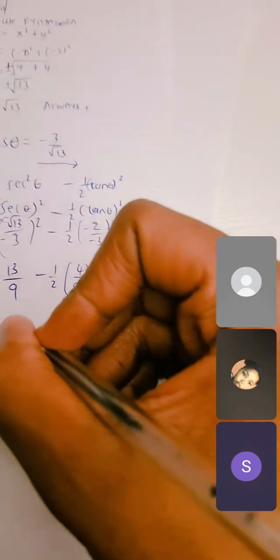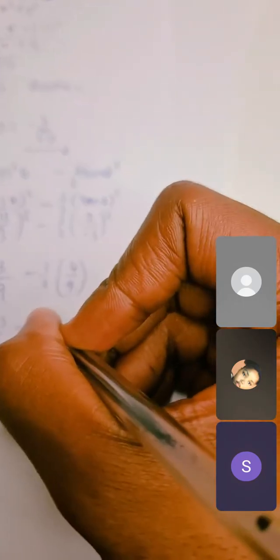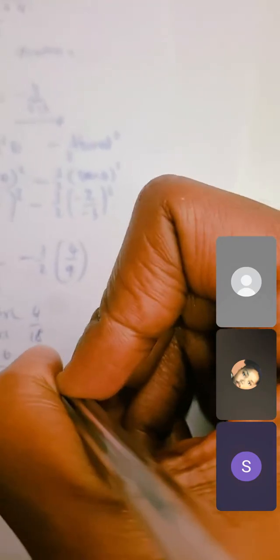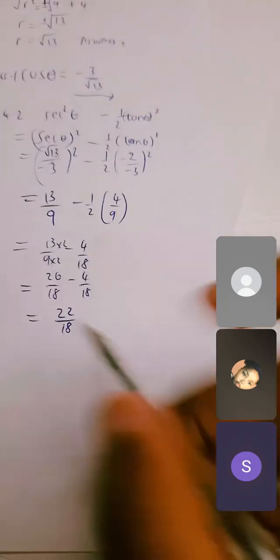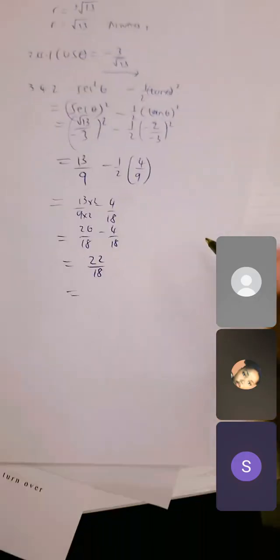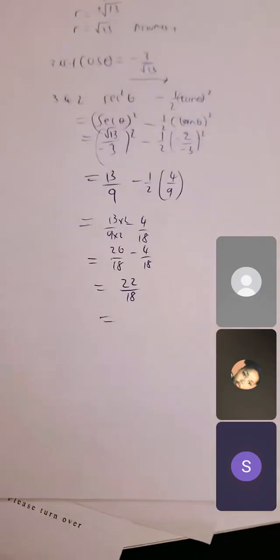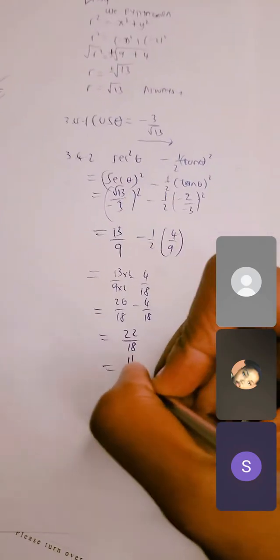And let's not forget 13 over 9 minus 4 over 18. Equivalent fractions: 26 over 18 minus 4 over 18 gives you 22 over 18, which simplifies to 11 over 9.